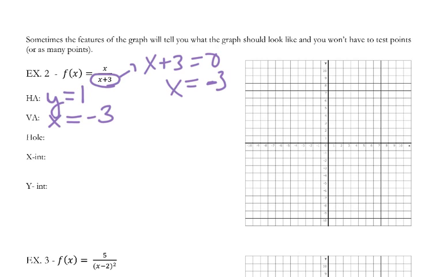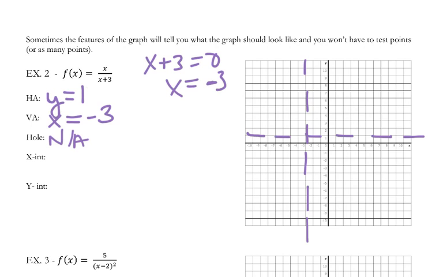We've got a horizontal asymptote of y equals 1. We have a vertical asymptote at x equals negative 3. Okay, are there any holes? Well, there aren't any factors that cancel out in our function, so there are no holes. I'm going to write NA.